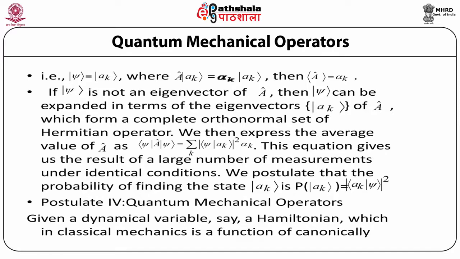That is, they are orthogonal to each other if they represent different states of the system, and they are all normalized to unity if they represent the same state of the system.